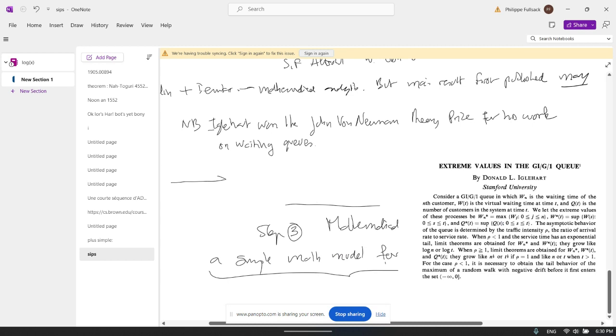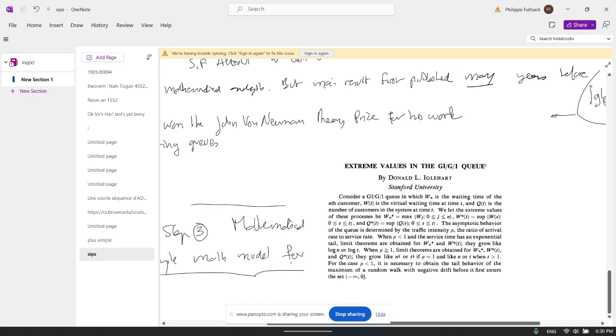Here is his 1972 paper. It contains the key to the analysis made by Karlin.